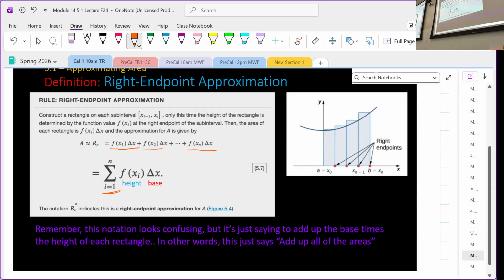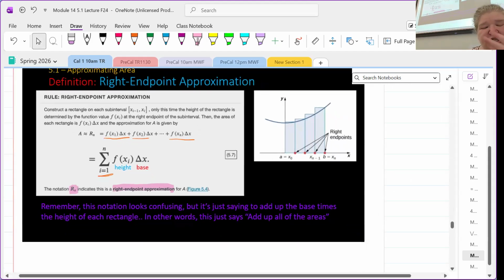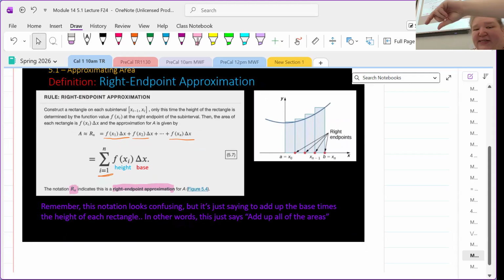Apparently we have a fancy notation: R sub n is a right endpoint approximation. But it's just doing the same thing we did before. We're just taking the identical widths of all of the rectangles times the changing heights of all of the rectangles, and then adding those results.